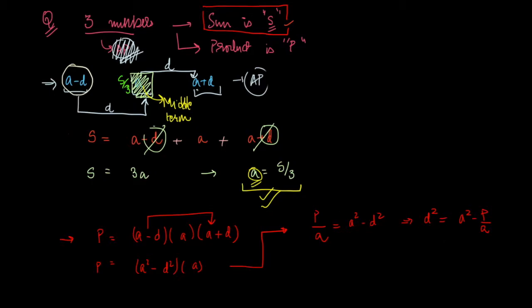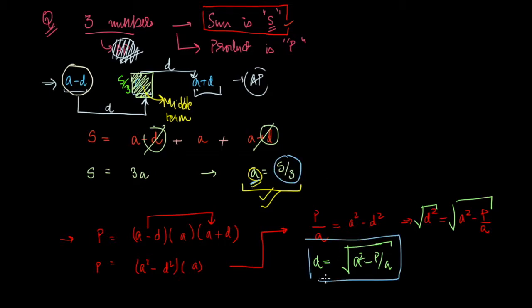Okay, and taking the root on both sides, what we have is the following. We get D equals root A square minus P by A. Okay, so the thing here is that we are getting some D as a function of A as well as P. But note, we have already figured out that A is nothing but a function of S. So this expression can be written down as D equals, just substitute, eliminate A in this case.